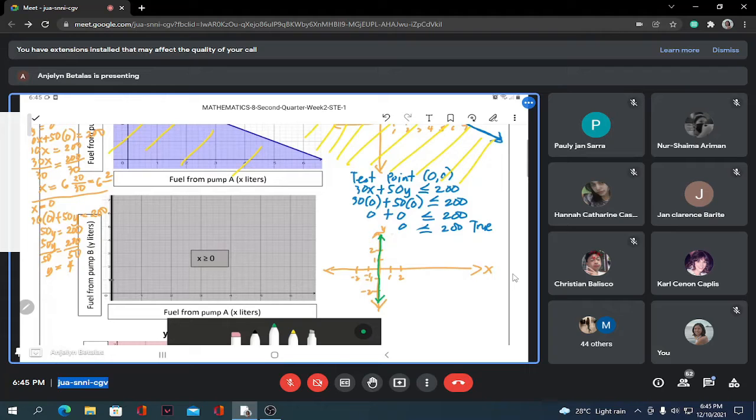And then for the shading, of course, ang imo ikwan ana is ang positive value sa X. So pa right pa left. Pa right. Mo ni yung mga shading. Okay?